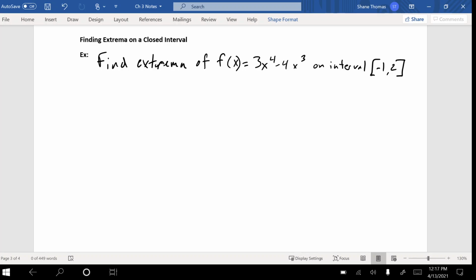Okay? So, we're going to find the extrema of the function. Here's my function: f of x equals 3x to the fourth minus 4x to the third. Now, in the same aspect, I need to find the derivative of this. 12x to the third minus 12x squared.